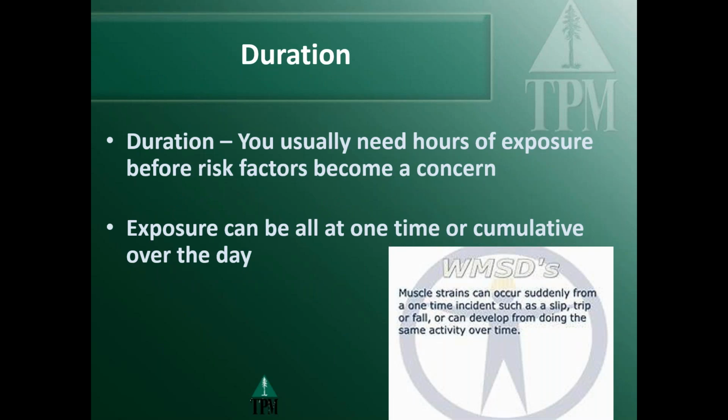So duration is kind of a double-edged sword. Most of the time, you usually need hours and hours of exposure before risk factors become a concern. But you also see situations where they're moving something that's just way too big.